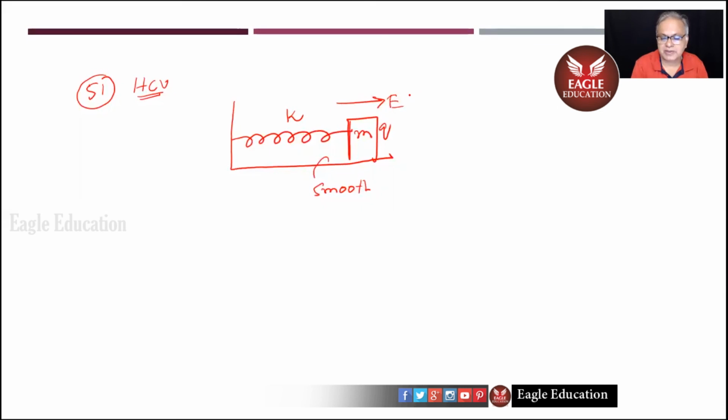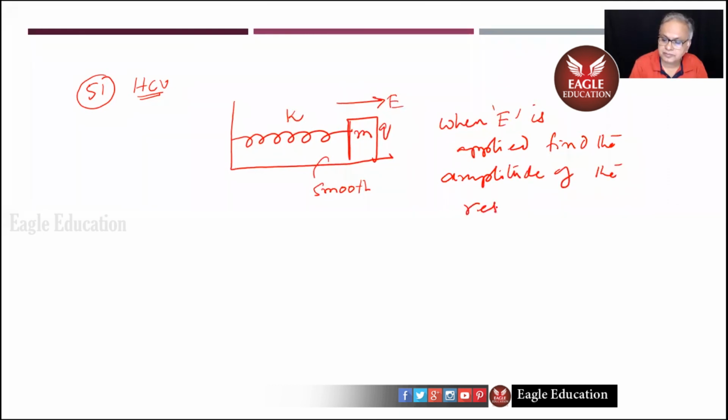E was applied like this. When E is applied, find the amplitude of the resulting SHM. That is question 51 in H.C. Verma.